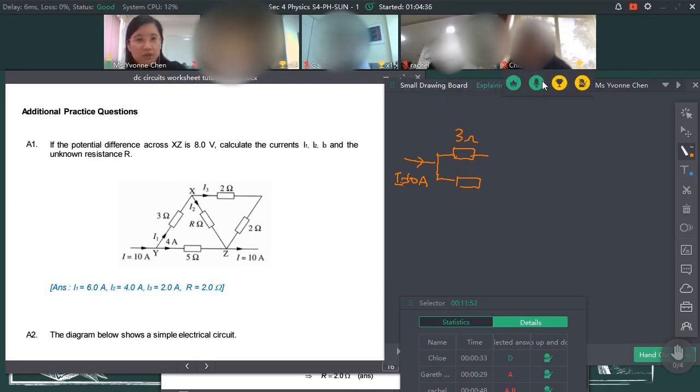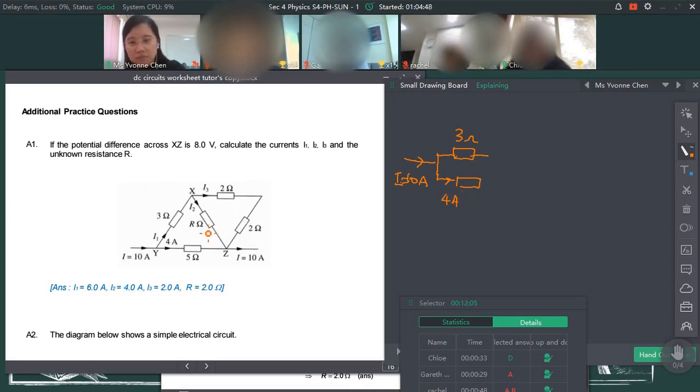Chloe, can you share with us where you got the 4? It's written in the question. Okay, good. Do you see there's a 4 here? So the current actually splits.